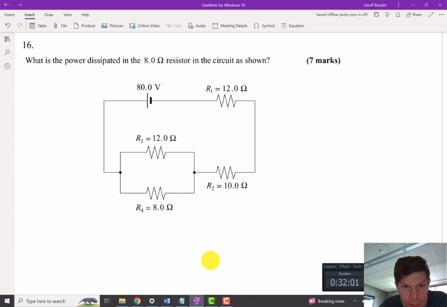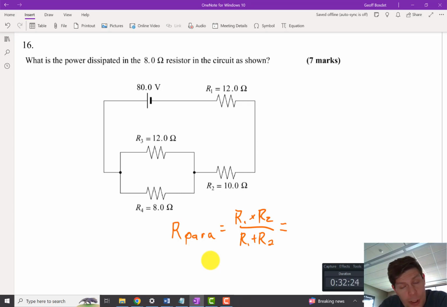So first we need the resistance of the parallel section, and that's equal to R1 times R2 over R1 plus R2. Or you could use the 1 over R1 plus 1 over R2 business equals 1 over R total.